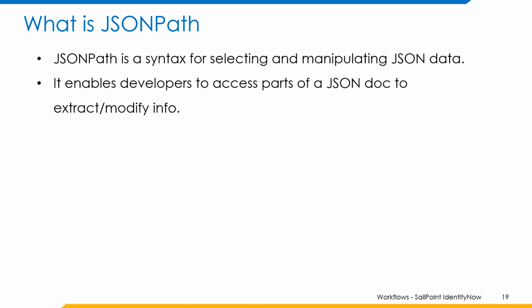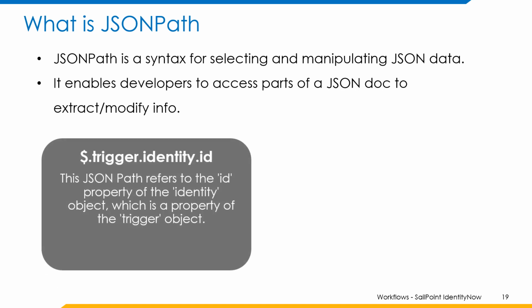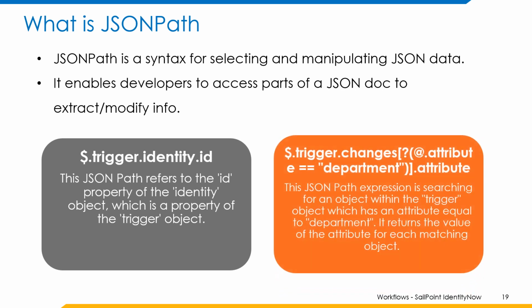A JSON path expression always refers to a JSON structure where we select any variable using a selector. Internally, it converts to a JSON path. It usually starts from $, which is considered as the root, and ends with the object which will be used as a final variable. JSON path follows the JVM implementation or Java port of Stefan Goessner's JSON path implementation, which makes the JSON document readable.